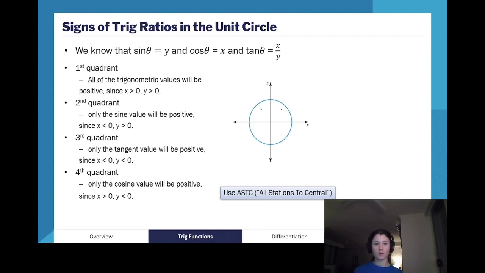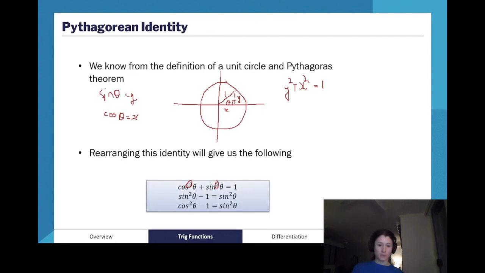Alright. So before we move on, this Pythagorean identity, as you can see, these two bottom equations are just this first one being rearranged. And what you can do is you can actually use this to find certain values.